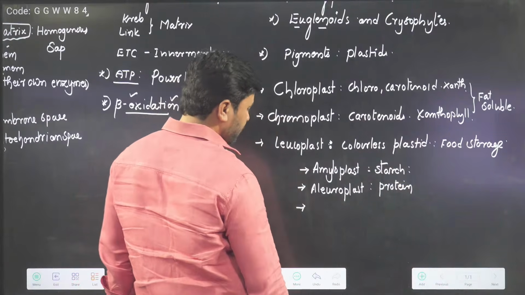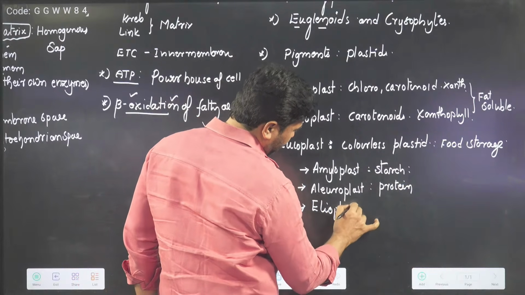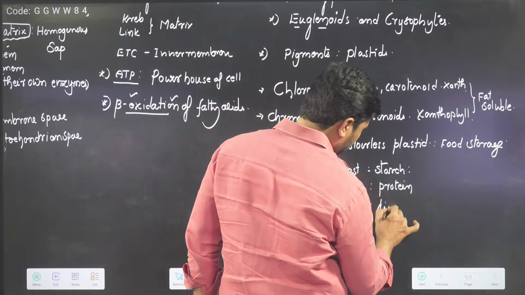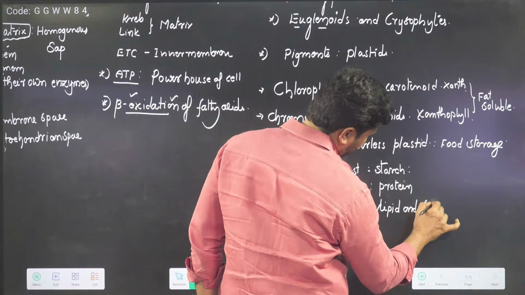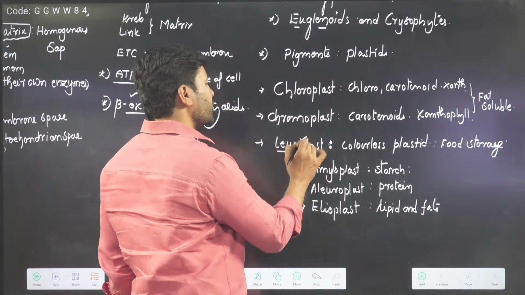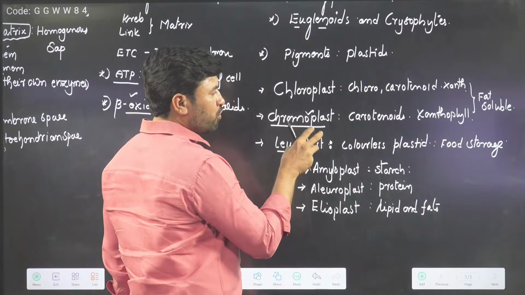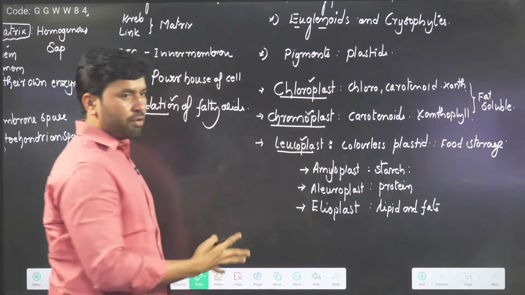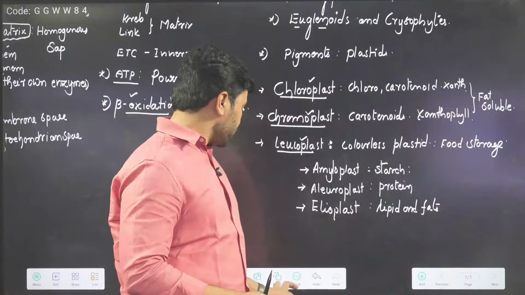And some plastids called elaioplast are meant for the storage of lipids and fats. Like that, leucoplast work is storage of food. Chromoplast work is to provide color to the plant organs, and the chloroplast is the one that actually performs photosynthesis. We will talk about chloroplast continuously here.